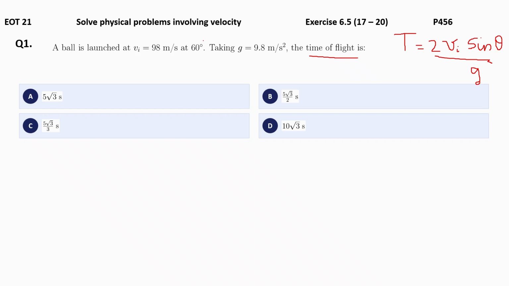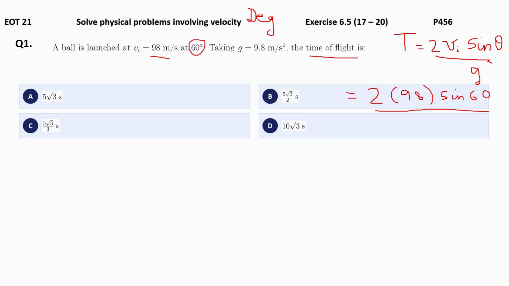Here the theta is given as 60 degrees, so don't forget to fix your calculator angle mode to degree. So pure substitution: you have 2 and your vi is given as 98, sine function, theta is nothing but 60 degrees, divided by your g.